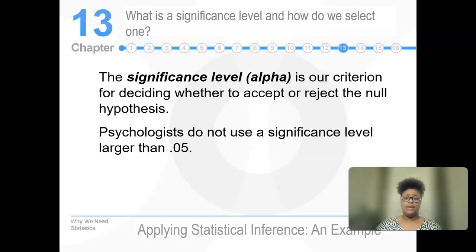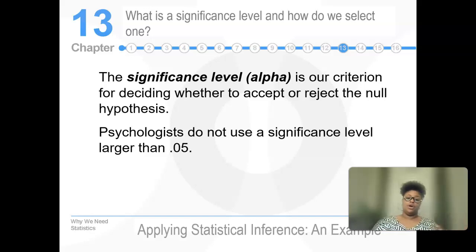So we've talked about the alpha level, the significance level within our statistics. And the significance level is our criterion for deciding whether or not we're going to accept or reject the null hypothesis. So again, psychologists typically will use a significance level of 0.05 or lower, 0.01.